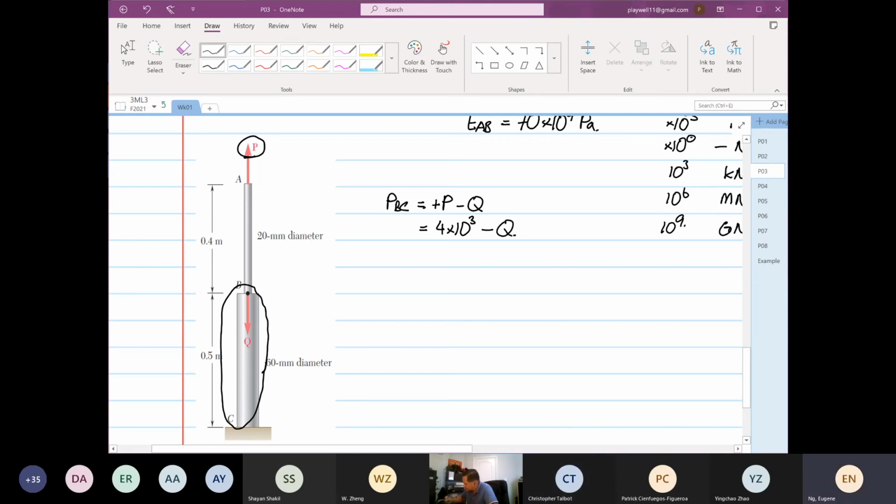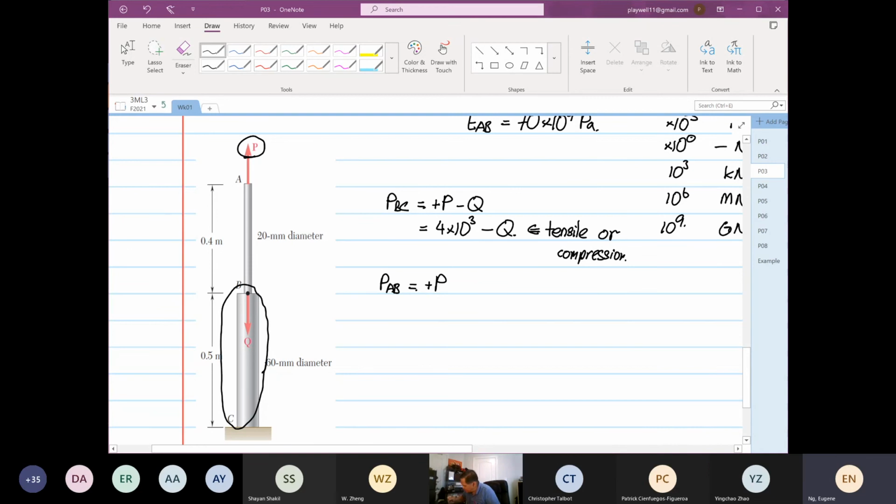All this analysis is based on tensile or compression. Now we look at PAB. Is P going to induce tensile or compression for AB? Also tension. And that's it.